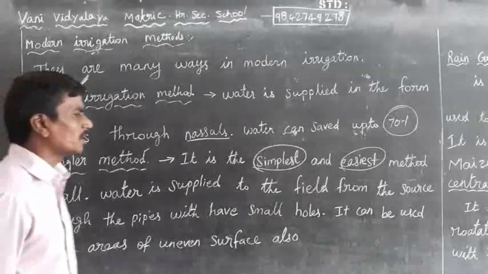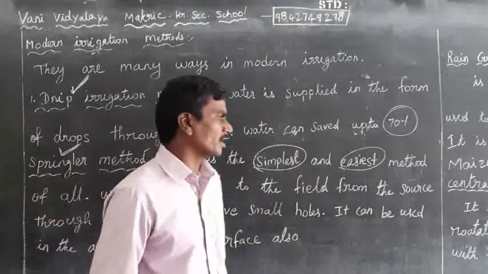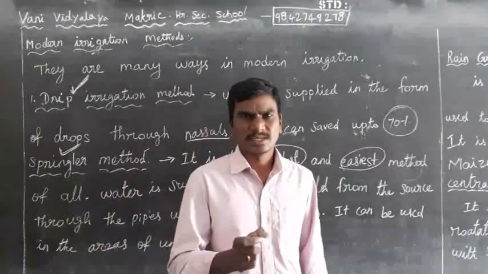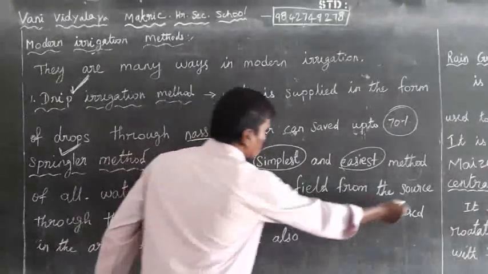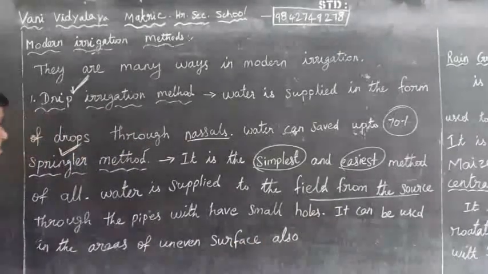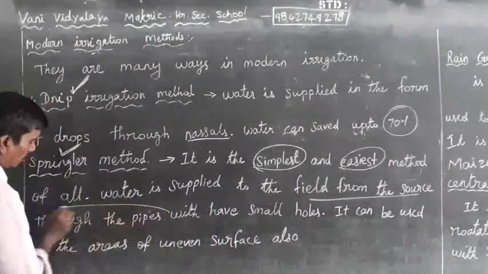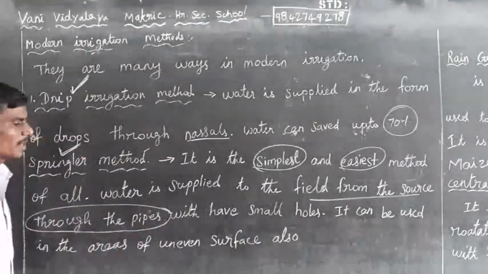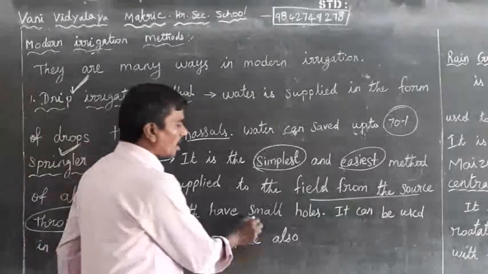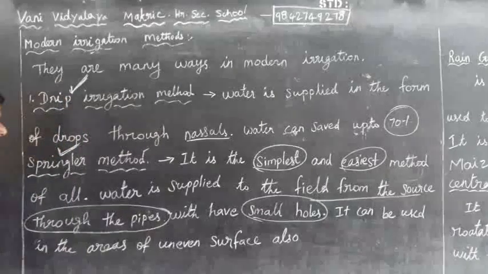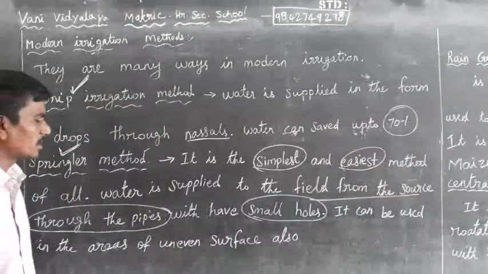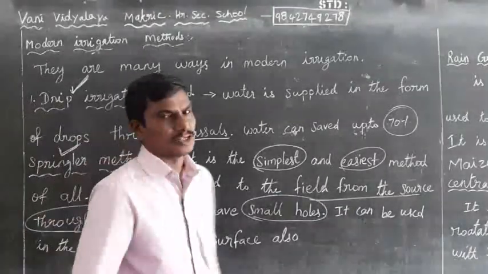Water is supplied to the field from the source through pipes which have small holes. It can be used in areas with uneven surfaces also.